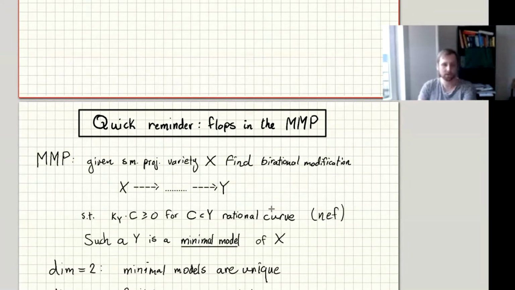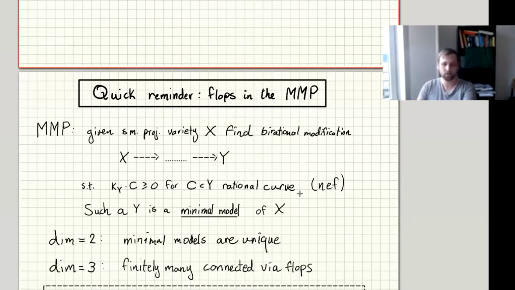So it's a classical result of the Italian school that such minimal models exist for surfaces, and they're also unique. But as soon as you move to dimension 3, they might not be unique. They do exist, with some exceptions, and there are finitely many.